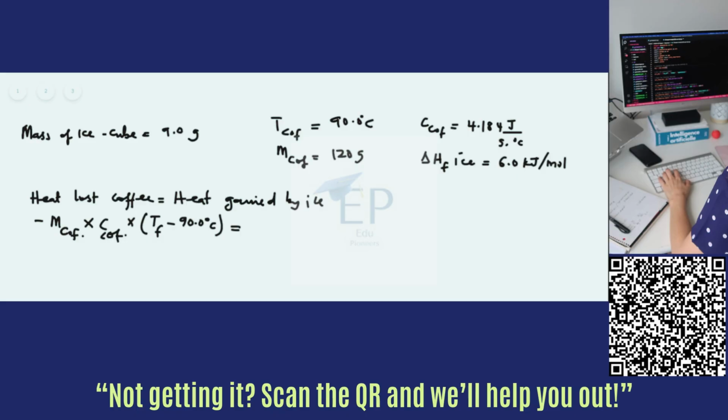And that is the mass of ice, that's 9.0 grams, multiplied by specific heat capacity of ice, C ice, multiplied by T final minus initial temperature of ice. We can assume that to be 0 degrees Celsius.